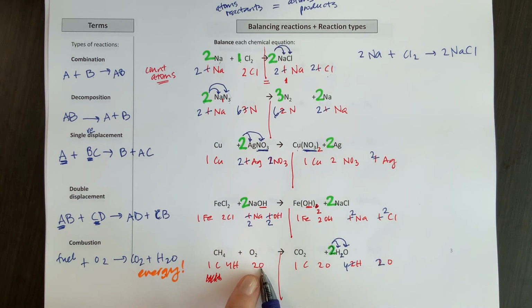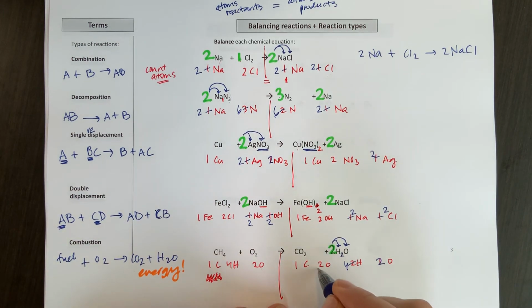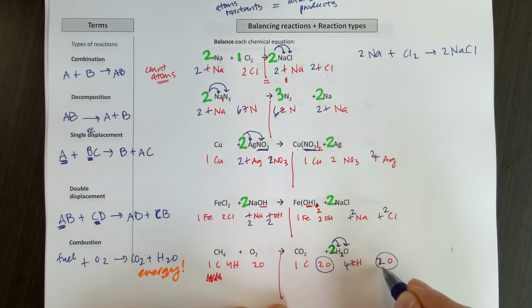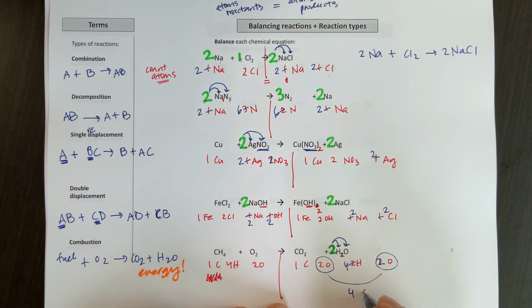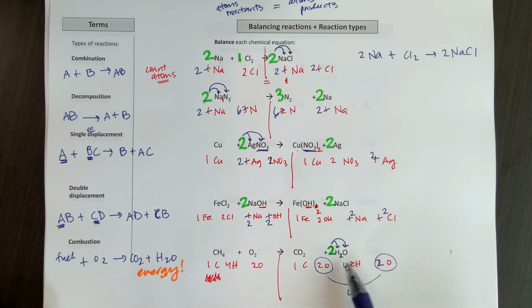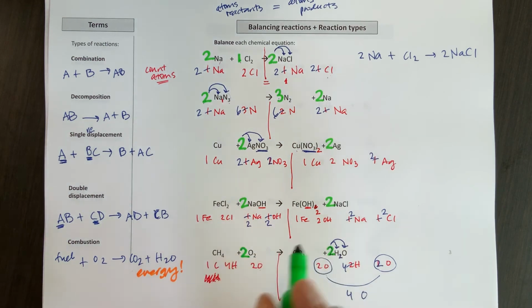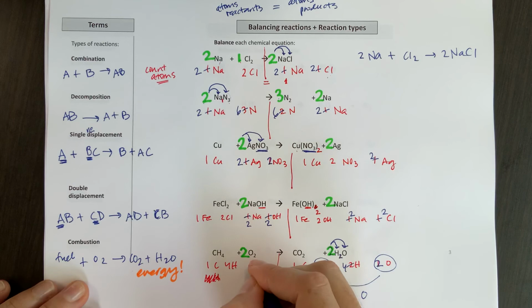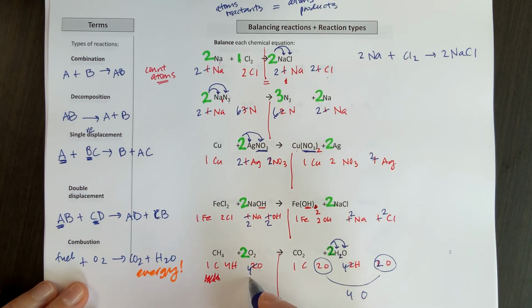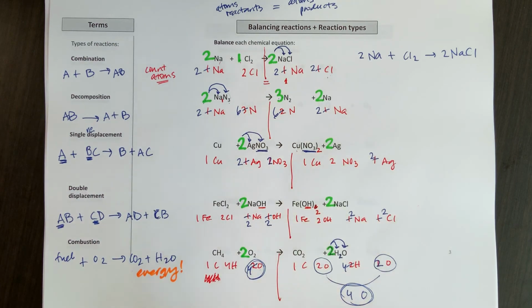On this side I have 2, and on this side I want to add these 2 together, 2 oxygens and 2 oxygens. That's a total of 4 oxygens on my product side. So 4 oxygens on the products and 2 on the reactants. That means I need to take my reactant oxygens and multiply them by 2, and that will give me now 4 oxygens and 4 oxygens, and that balances out.